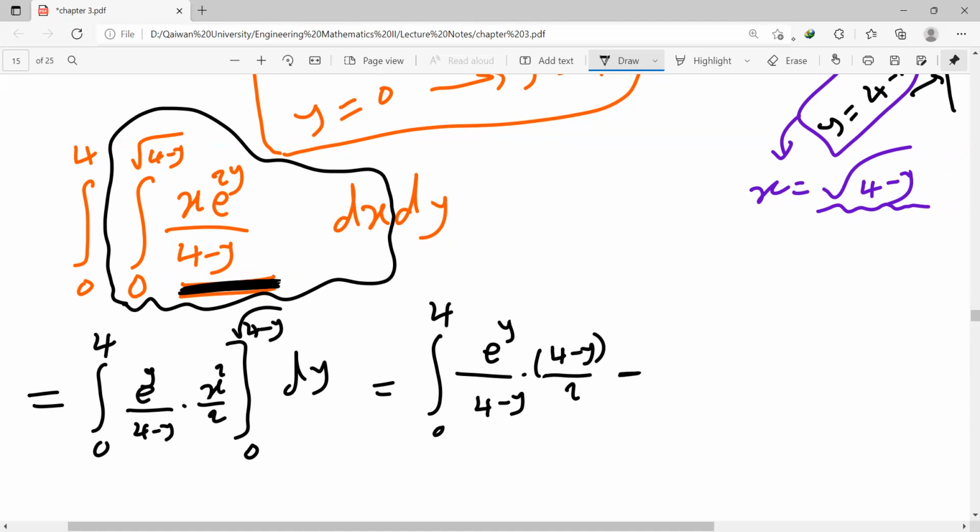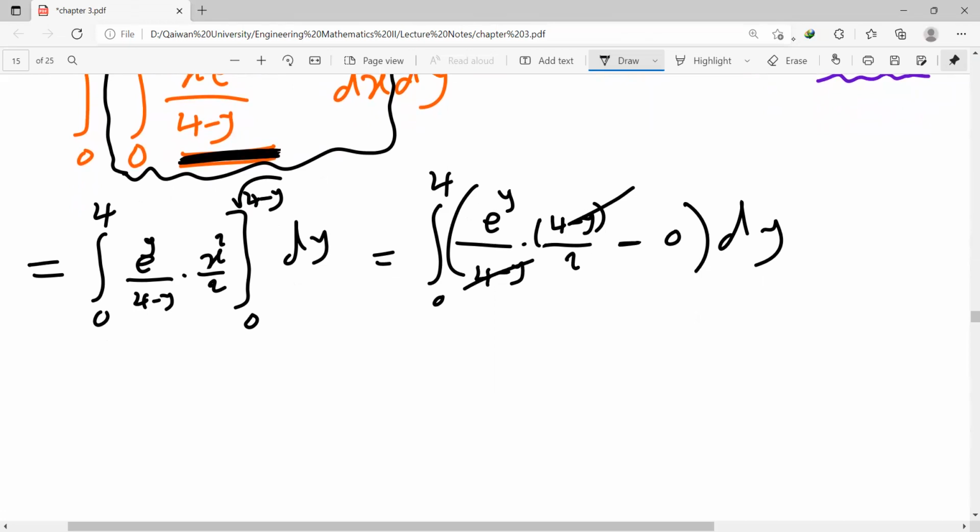Then minus, we replace x by 0. We first put the upper limit, then minus, we substitute the lower limit. Minus 0. Then dy. These are cancelled out. We get, yeah, it equals the integration from 0 to 4, e to 2y, sorry, that's 2y. I forgot to write down this 2.